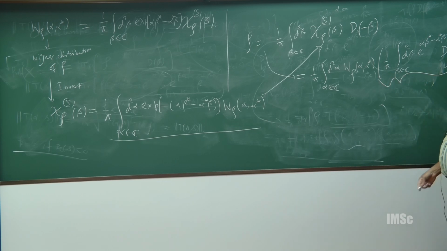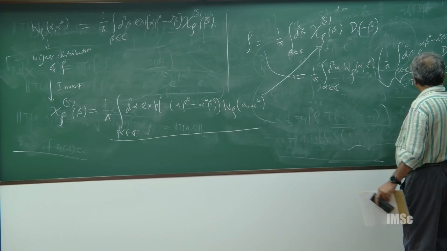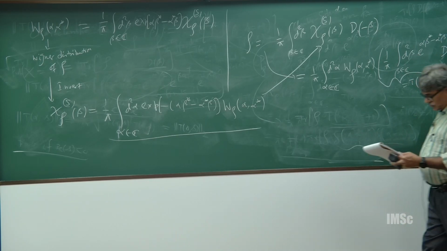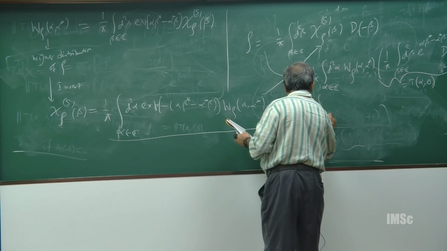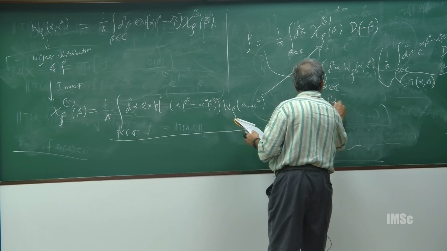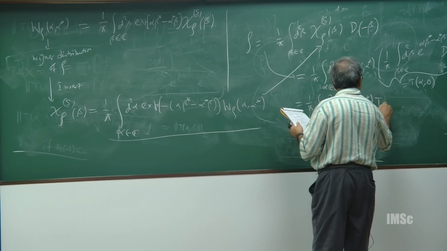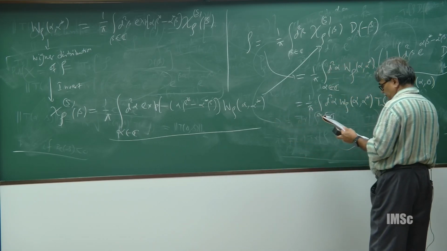So, now what is this? If you recall the definition of T alpha s, then this is your T of alpha 0. So, this is 1 upon pi integral over alpha belonging to C, d square alpha, W rho alpha, T of alpha 0.